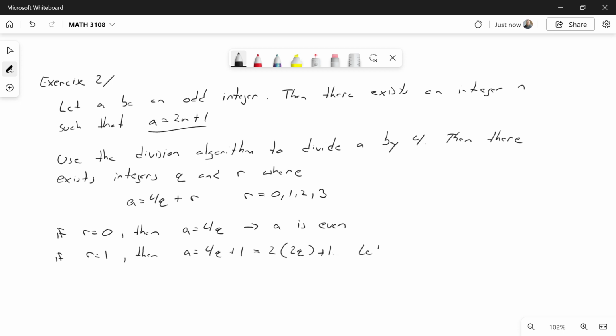So now let n be 2q, then a is equal to 2n plus 1, which is exactly the form we have up here, so a is odd. So for this 4q plus 1, I shouldn't be calling this q, I really should be calling it k. I'm using q because of the division algorithm, but it's really supposed to be k in these cases. So just make the switch in your head and keep that in mind. So yeah, the 4q plus 1 is going to be one of the forms.